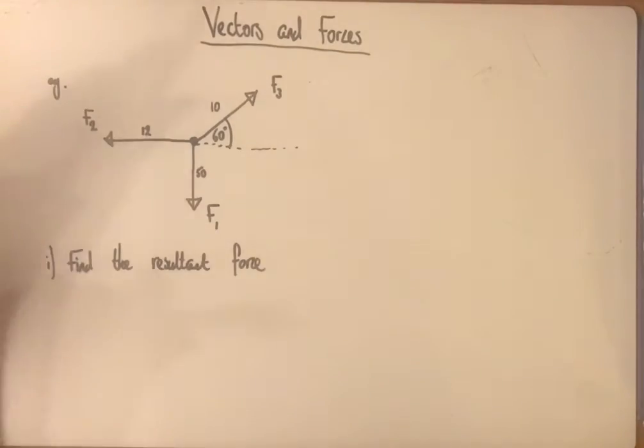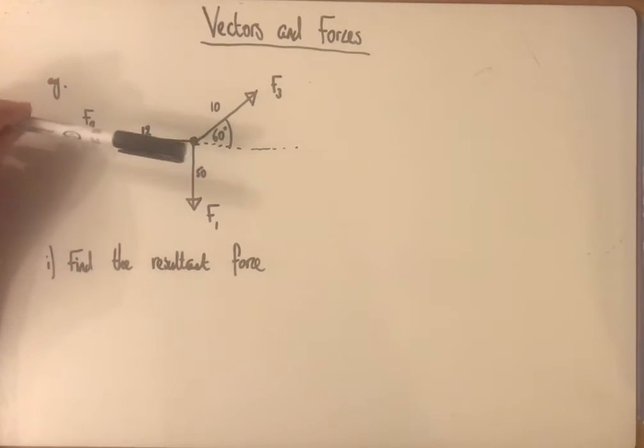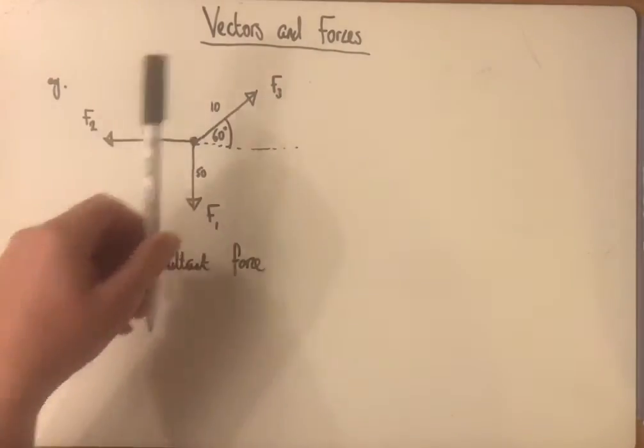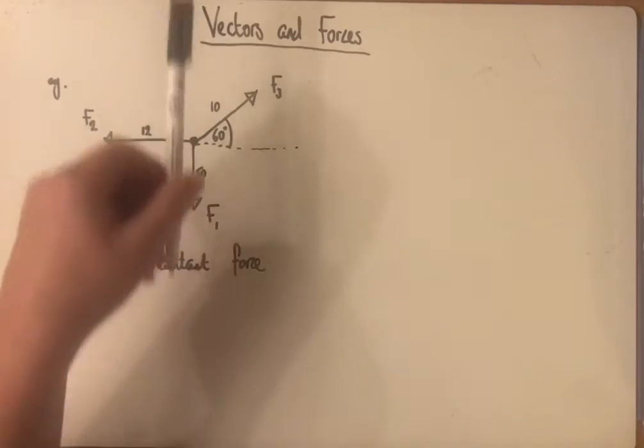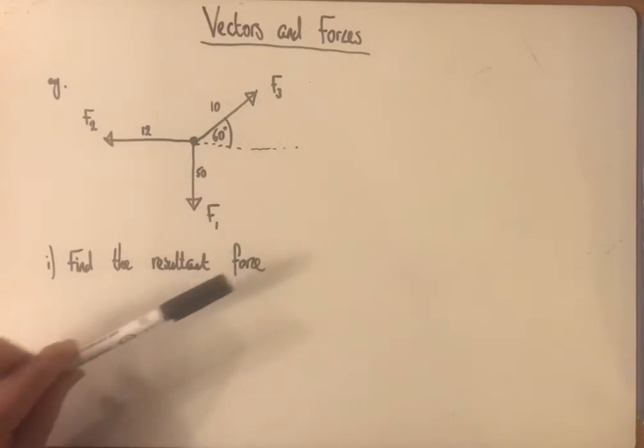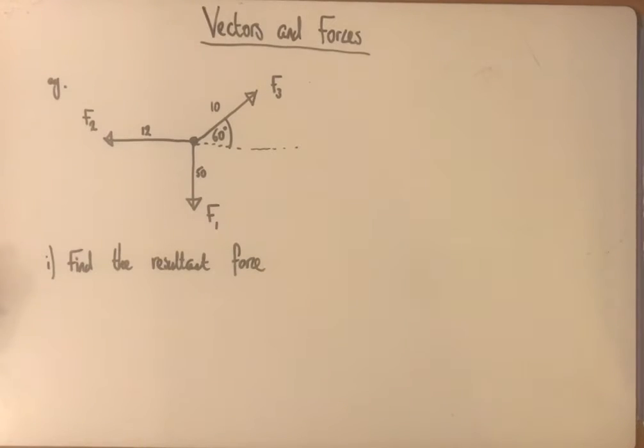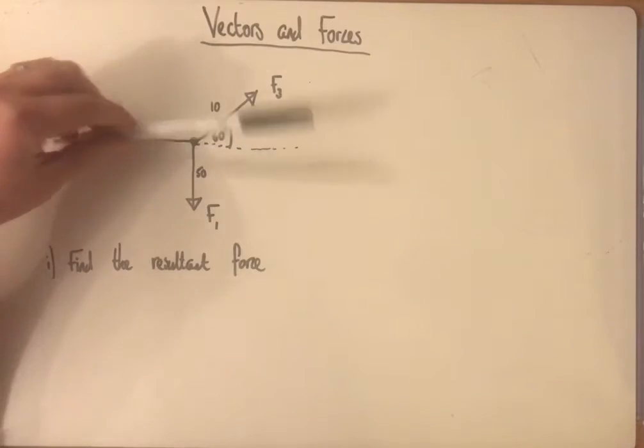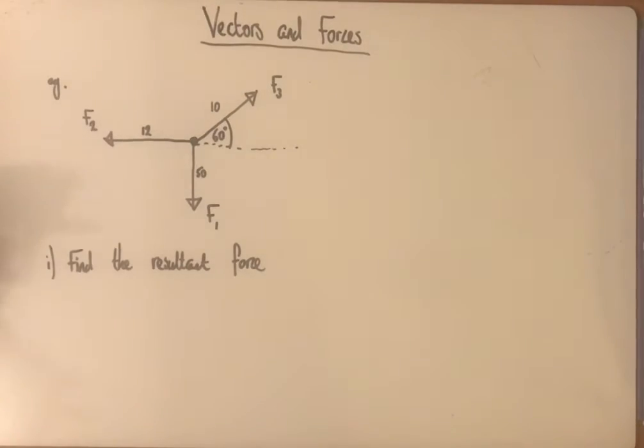So we've been working with finding the resultant force horizontally and finding the resultant force vertically, and some of you will have been looking at finding the resultant force on a slope. But this really is doing the kind of horizontal and vertical in one go using vectors.